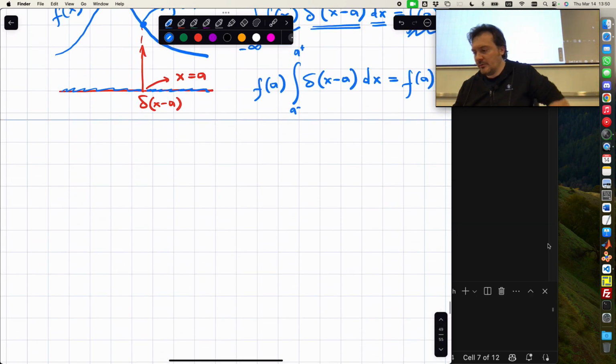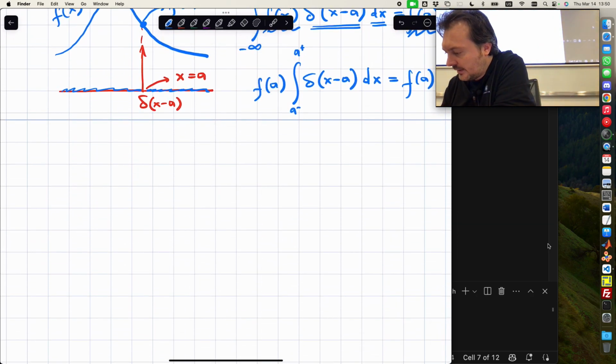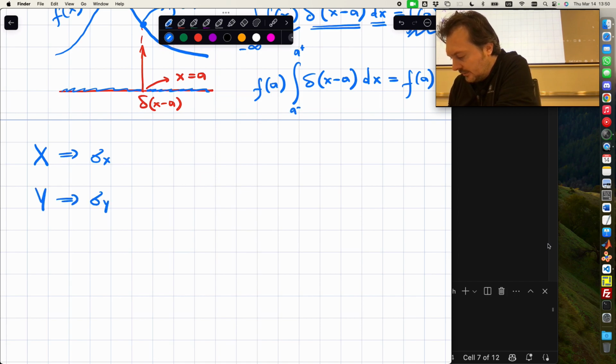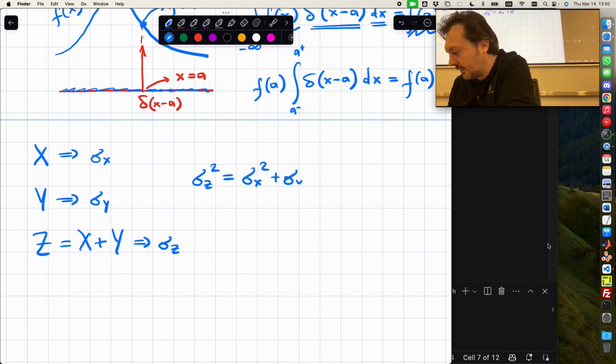So it turns out that if you have a variable x which has sigma x, and a variable y which has sigma y, then z, which is x plus y, has a sigma z, and sigma z squared is equal to sigma x squared plus sigma y squared.